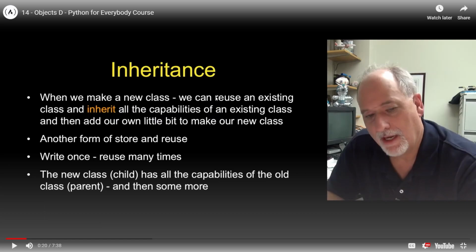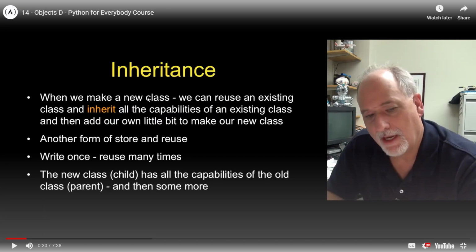Okay, so when we inherit, we're going to make a new class that's inheriting an existing class's stuff. So everything that was in the old one is in the new one. And then we can add whatever we want to the new one.